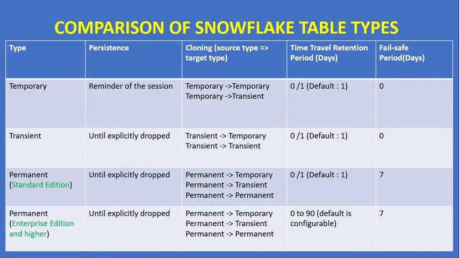That is the main difference. And fail safe period means it is not in our control. I mean, once the time travel retention period ends, then the fail safe period will start.